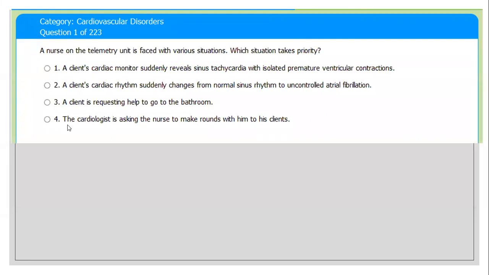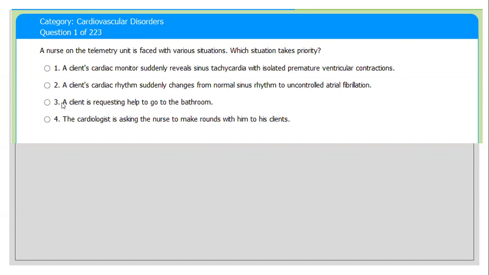Out of four patients, which patient is the priority you have to check first? Let me tell you. Number three, if the patient is late going to the bathroom, he or she will not die.